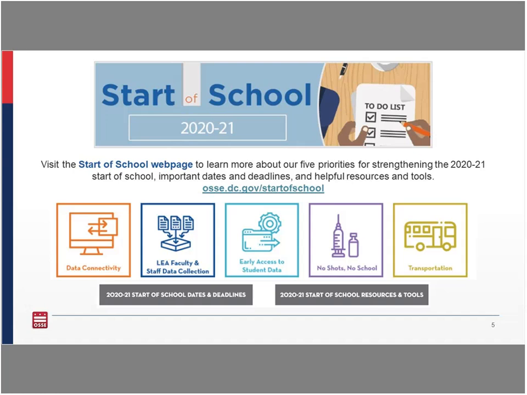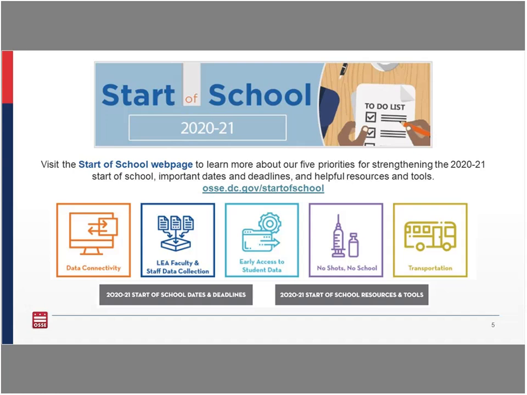You can go to the next slide, Anika. So this slide shows the 5 priorities that OSSI is focusing on this summer. And I encourage you to go to the Start of School webpage that is here so that you can see the range of resources that are available.